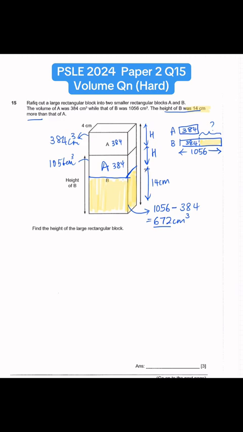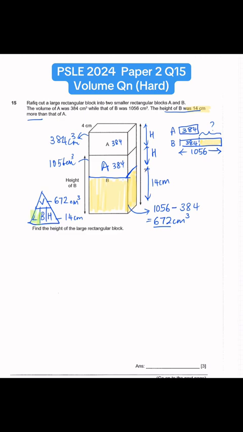The only information about this yellow block is the volume and the height. I'm going to draw you this triangle that can be very useful in deciding what to do with the numbers we have. We know that the volume is 672, and we know that the height is 14. The only information we do not have is the length and breadth.